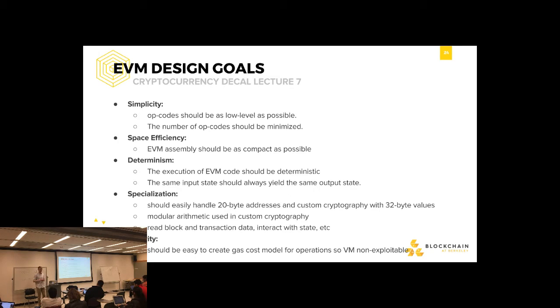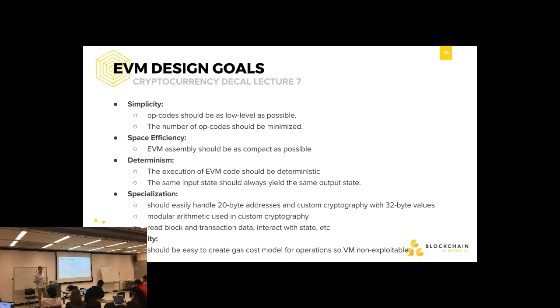Some of the design goals of the Ethereum virtual machine are simplicity, space efficiency, determinism, specialization, and security. The EVM code was designed to be as simple as possible, really minimizing the number of possible opcodes. This helps with static verification of contracts.